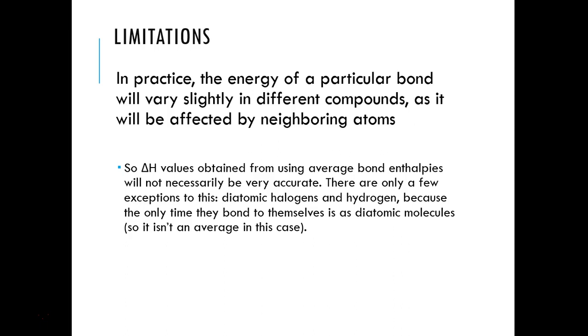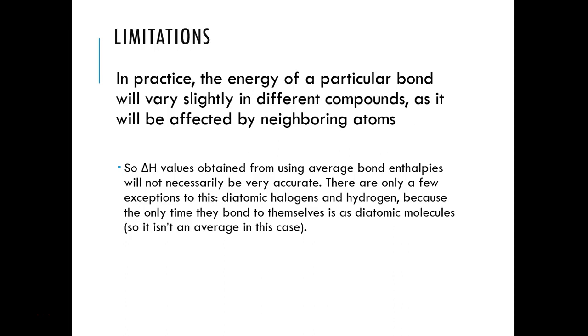There are a few exceptions where we actually have bond enthalpies that are precise and not average bond enthalpies. The diatomic halogens and hydrogen are great examples of these because the only time there's a bromine-bromine bond is in Br2, diatomic bromine, okay? The same thing for hydrogen, and so these are going to be exact numbers, okay?